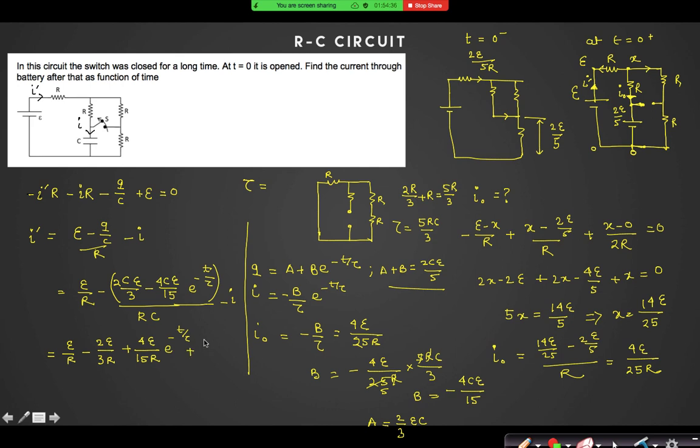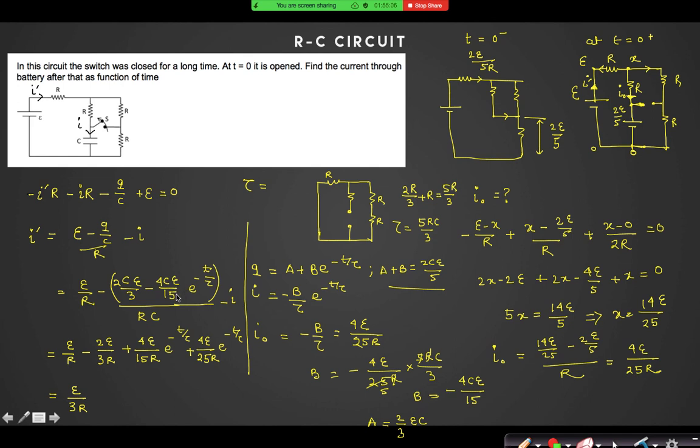B by tau is 4E by 25R into e power minus t by tau, right? So now you can further simplify this. What is E minus 2E by R? It is E by 3R. And it is 4E by 15R plus 4E by 25R.